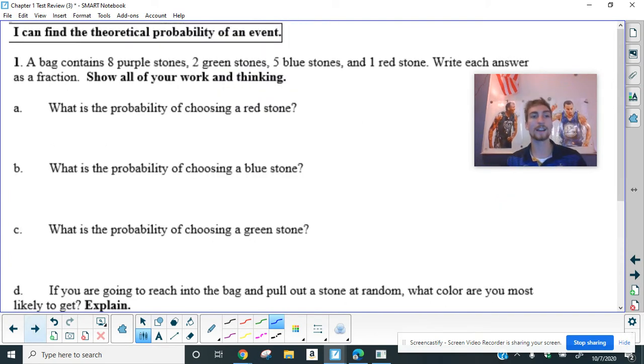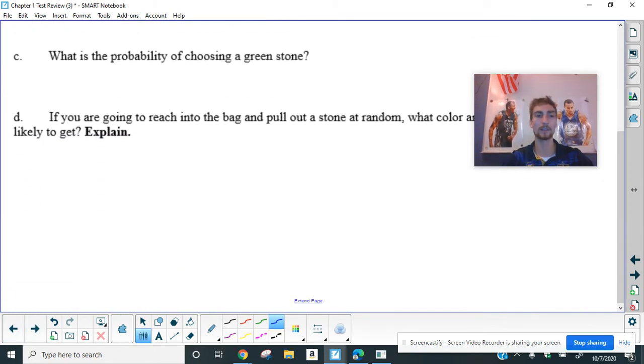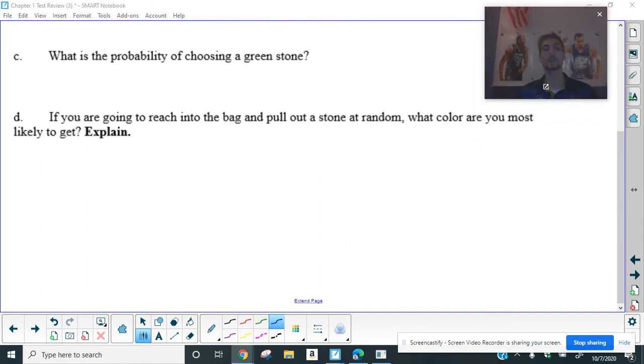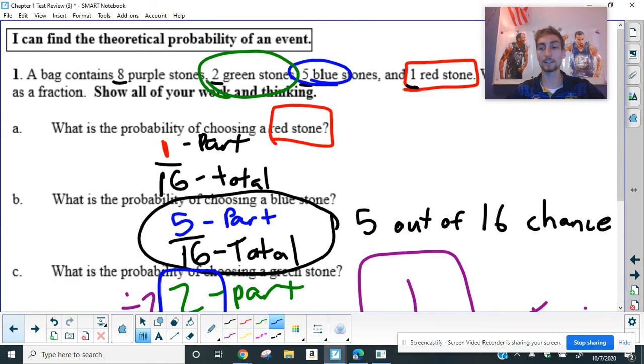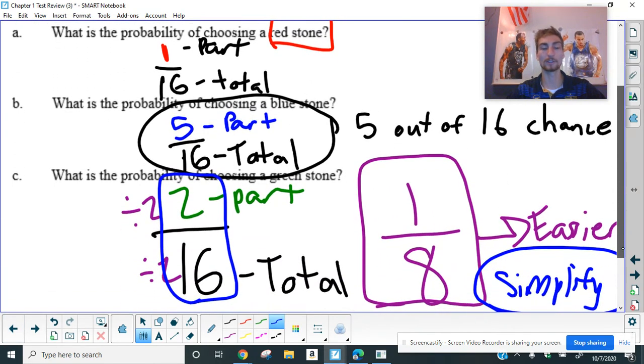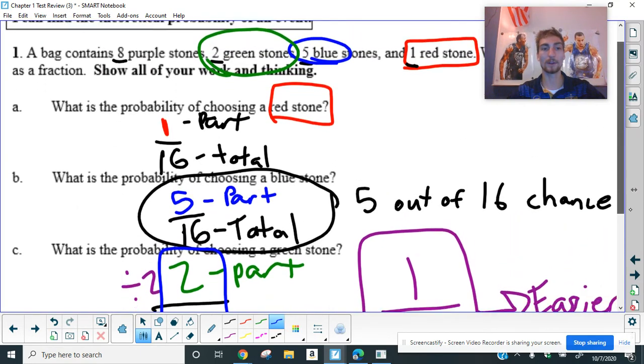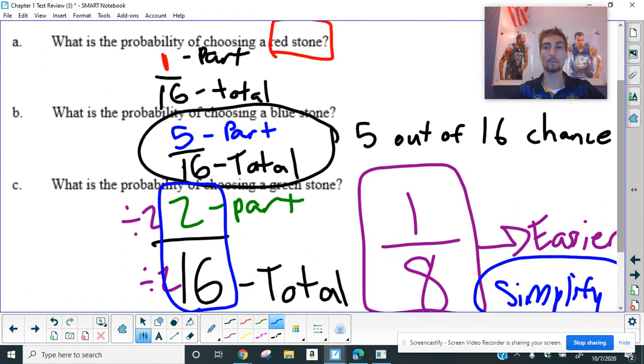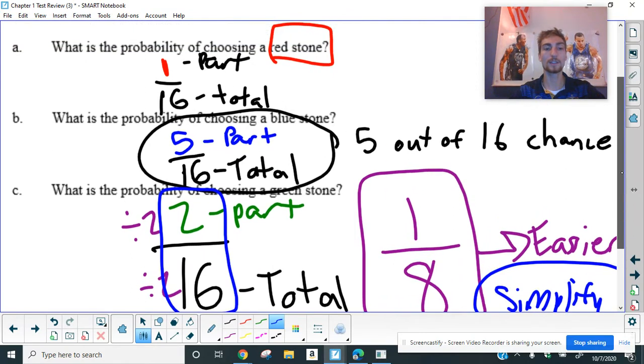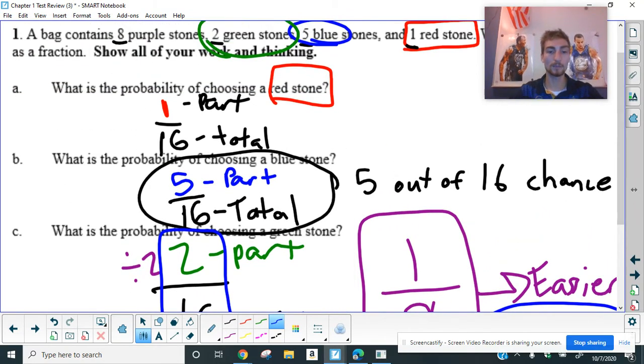All right, so now we're moving on to the final part of theoretical probability. I almost forgot about D here. If you are going to reach into a bag and pull out a stone at random, what color are you most likely to get? So now we're taking a look at all of the probabilities that we've gathered so far, and we're thinking about, okay, so far we have 1 red stone, 5 blue stones, 2 green stones, and then we see that there are 8 purple stones.